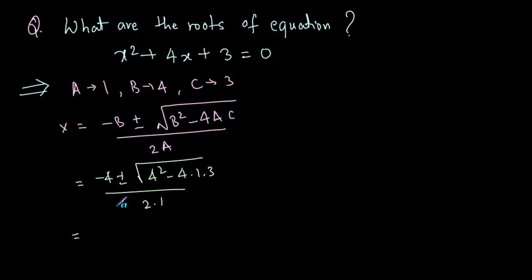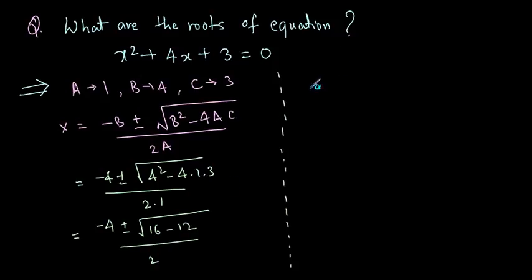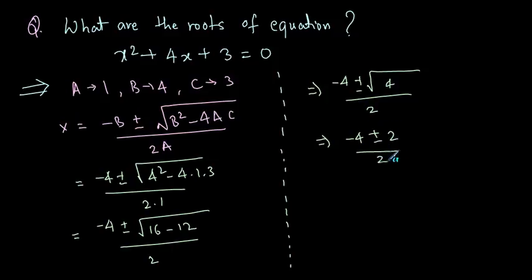That is minus 4 plus minus under root of 16 minus 12, divided by 2, which gives us minus 4 plus minus under root 4, divided by 2, which gives minus 4 plus minus 2 divided by 2.